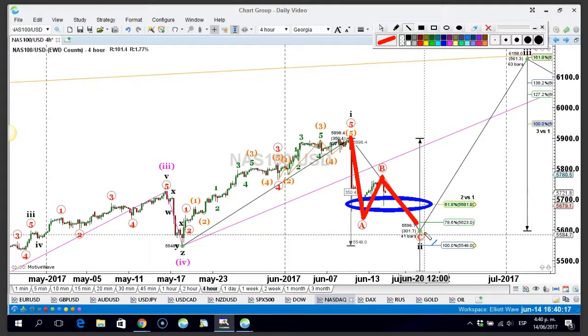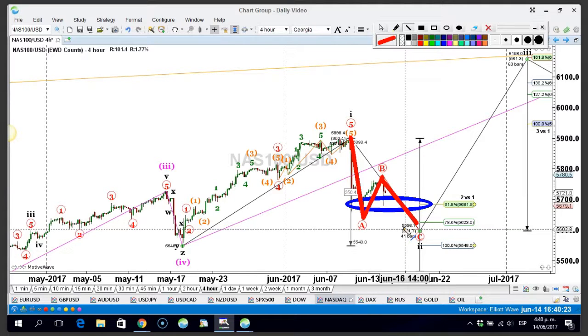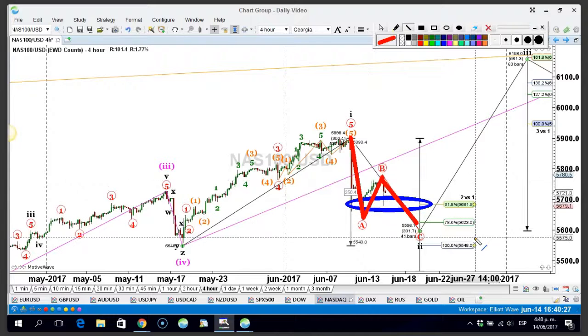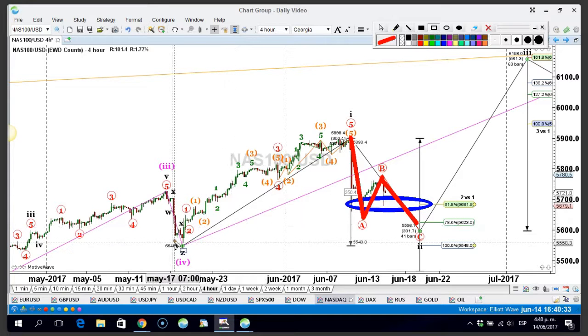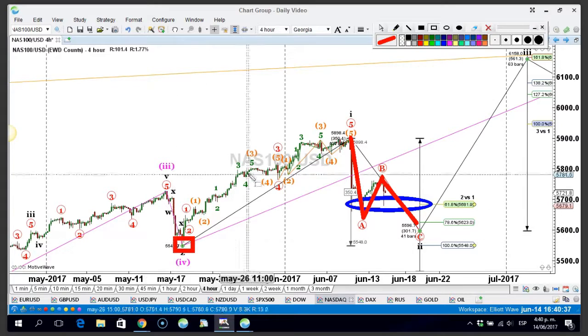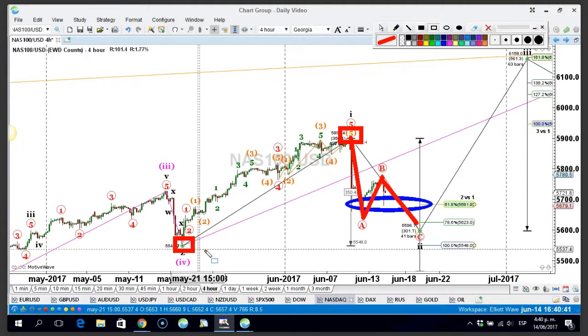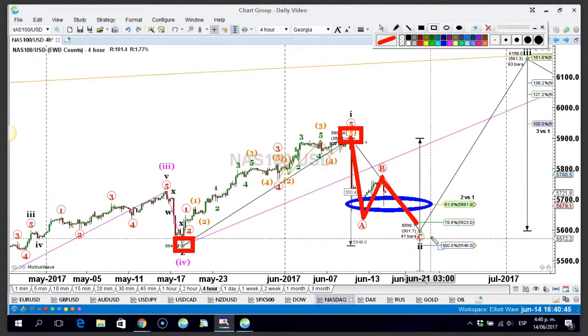And that, of course, is going to be more objective than using only Elliott wave. Okay, so the target for the leg down is the 56.23. That is just the 78.6% of the distance taken from the low on May the 17th to that high on June the 9th. So that will be the target, 56.23.